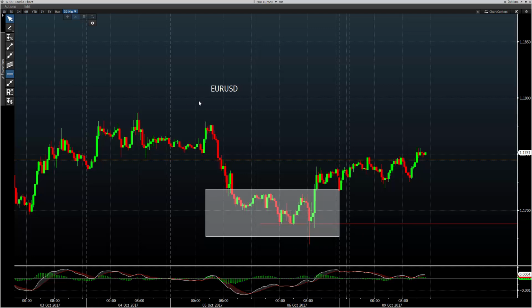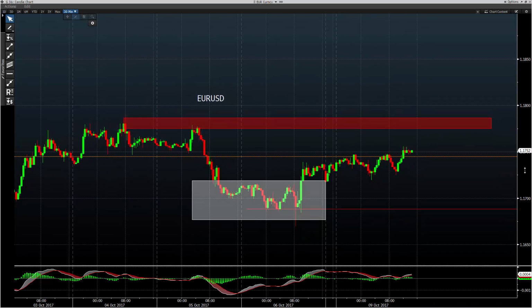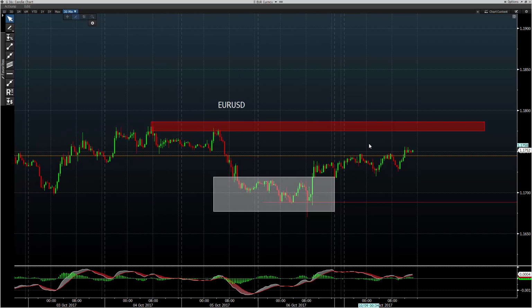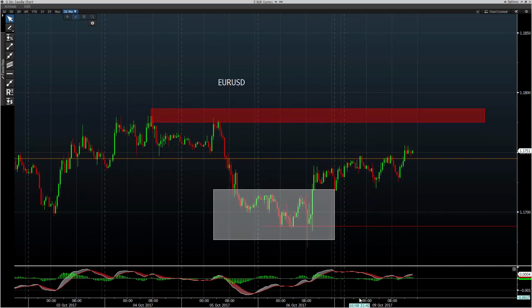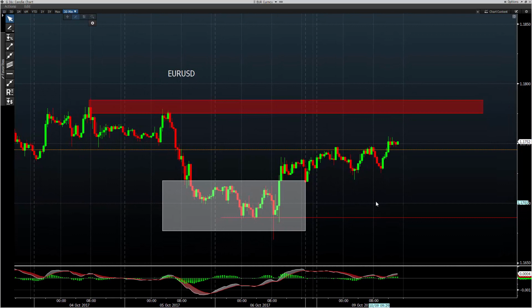What I wrote last night in my Sunday night analysis was that on top you have to look at this 1790 area. Any failure by the buyers to take this out, and it doesn't mean on a Monday you have to take it out inside of minutes or hours, but on a challenge of this area, if the buyers fail to regain that level, you're very likely to see another test of this bottom edge and potentially a break.